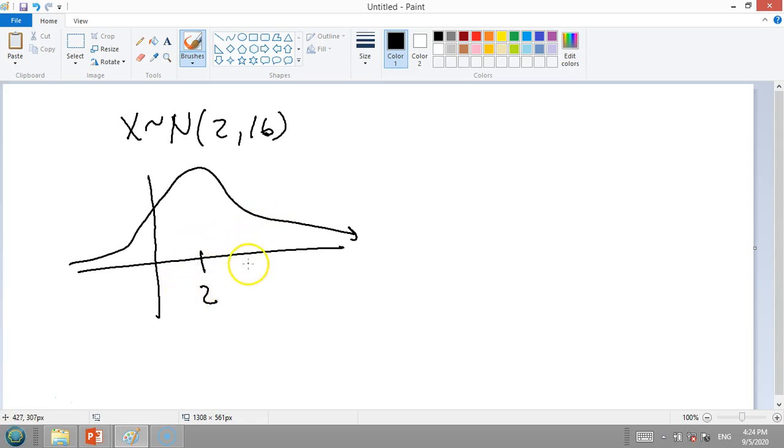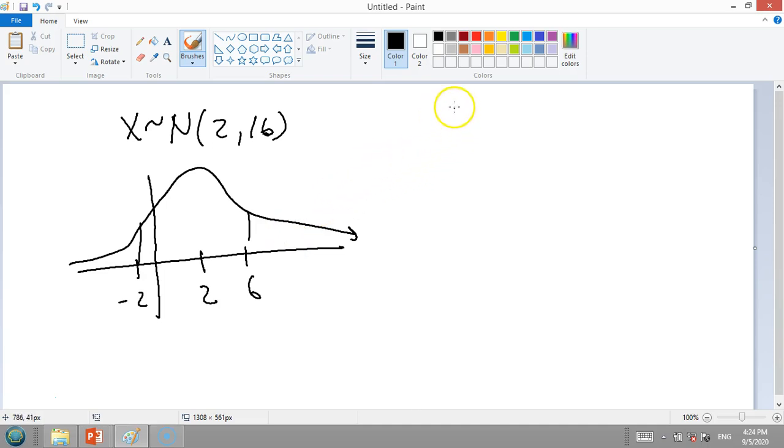And again, it's going to have plus minus 4 standard deviation here. So it's going to be somewhere here, it's going to be 6, and here is going to be -2. So plus minus 1 standard deviation is going to look like this.